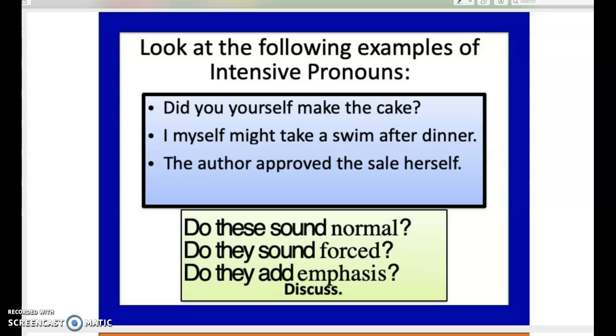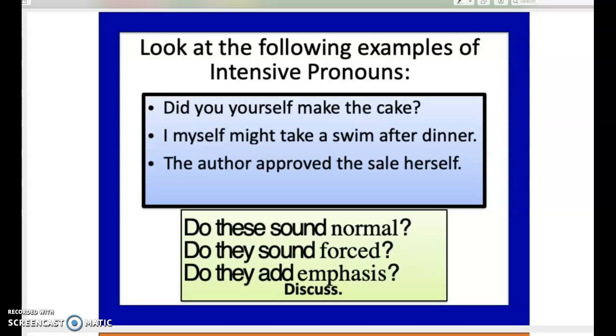The last example. The author approved the sale. If we want to add an intensive pronoun, we don't know if the author is a male or a female. So in this example, we would put the author approved the sale, herself/himself.